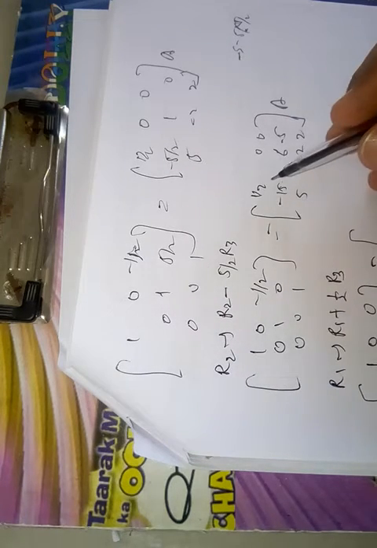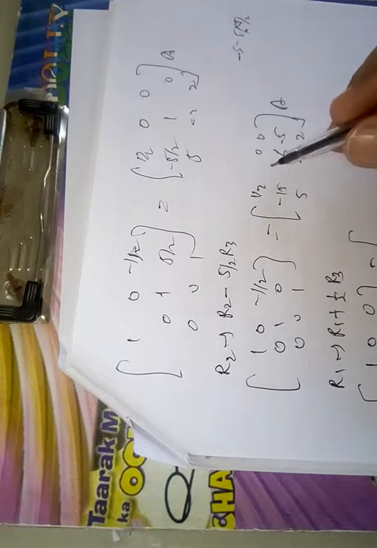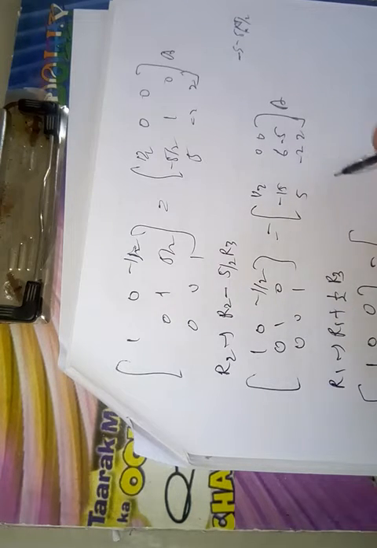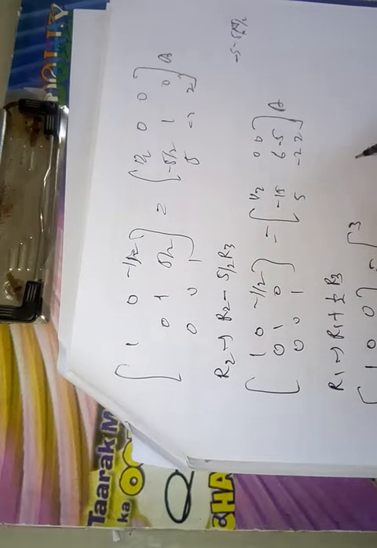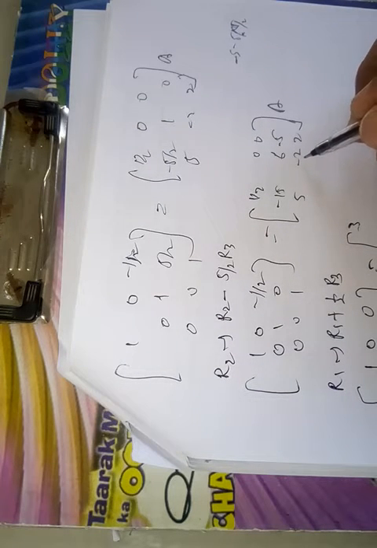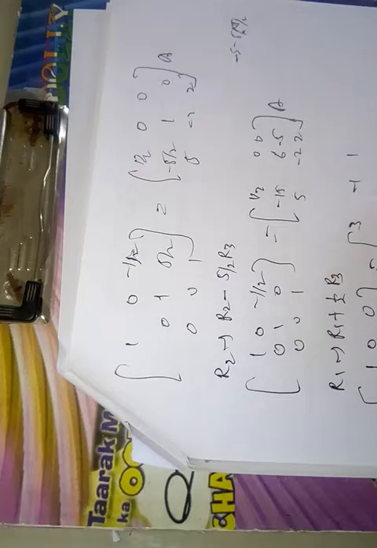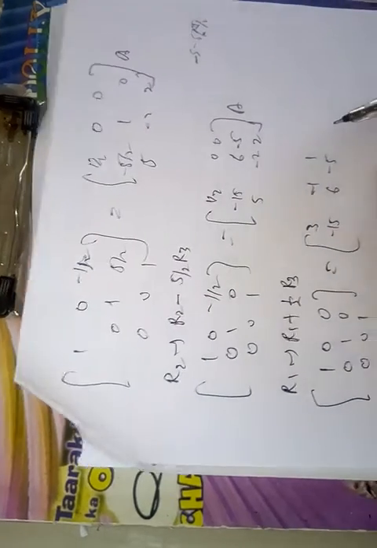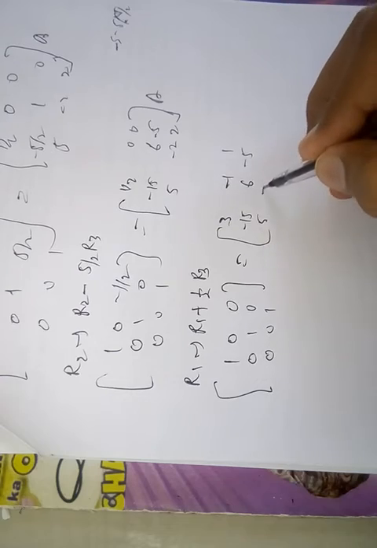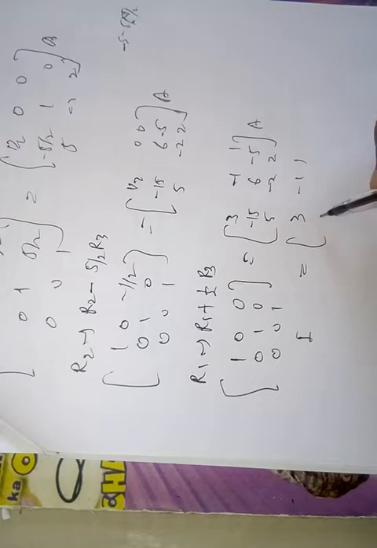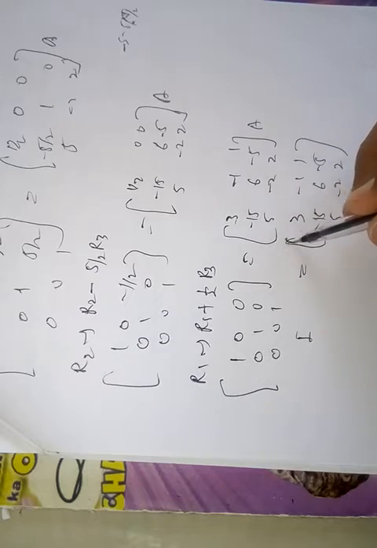On the right side, 1 by 2 plus 5 by 2 is 6 by 2, which means 3, then 0 minus 1 is minus 1, and 1. So the result is 3, minus 1, 1; minus 15, 6, minus 5; 5, minus 2, 2. This is A inverse.